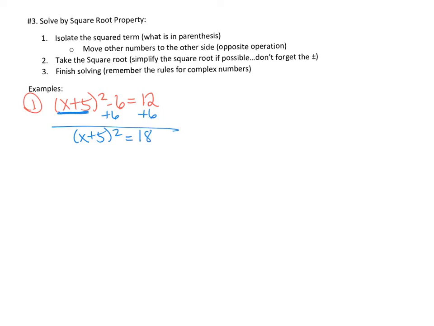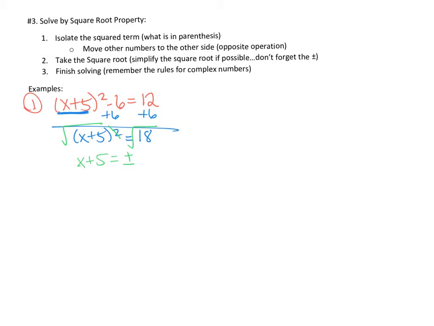Now that that squared term, or that parentheses, is by itself, I'm going to take the square root of both sides. When I take the square root of something squared, it just crosses off that squared. So it would leave me with just the x plus 5. When I take the square root of 18, it does two things. First, it gives me a plus or minus in front of that, because I could have positive numbers or negative numbers when I take the square root.